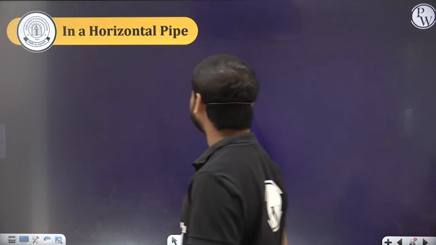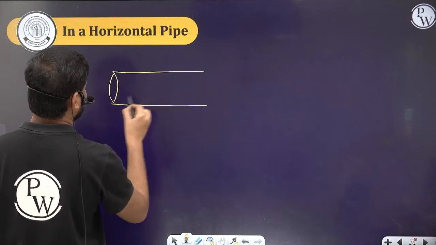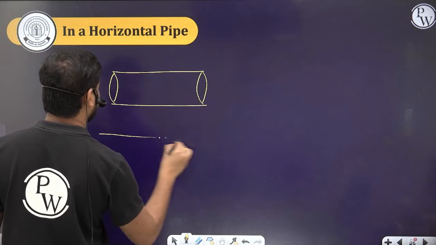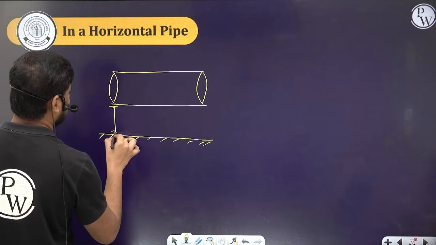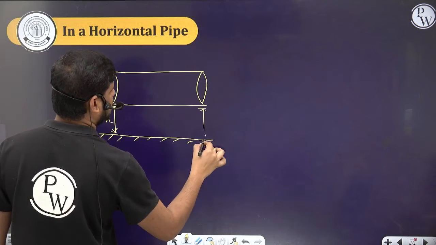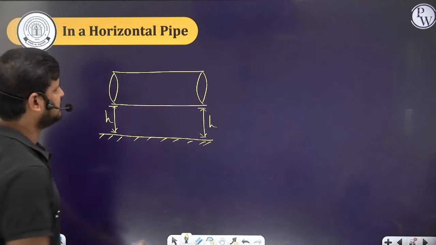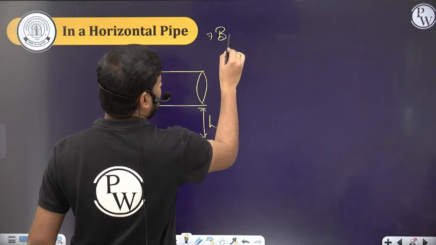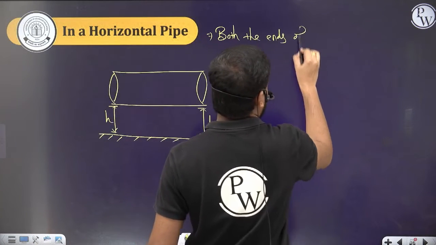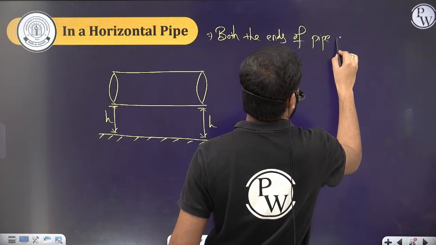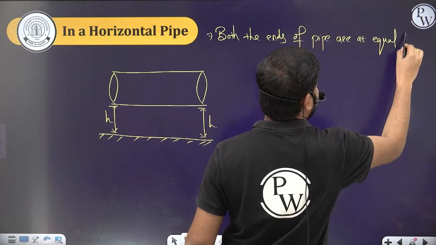Now let's consider a horizontal pipe at some height h from the ground. Both the ends of the pipe are at equal heights.